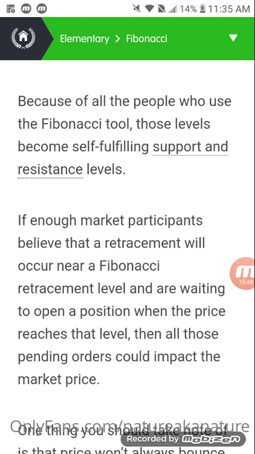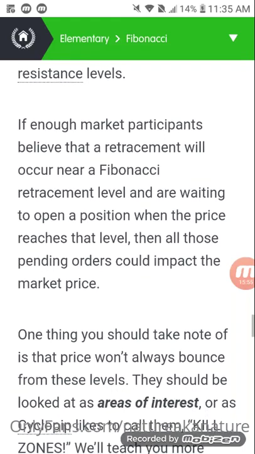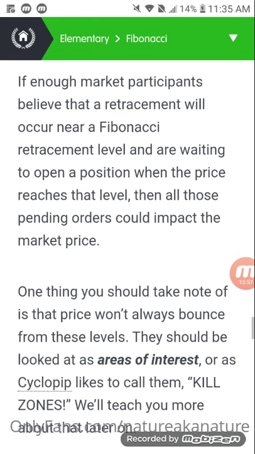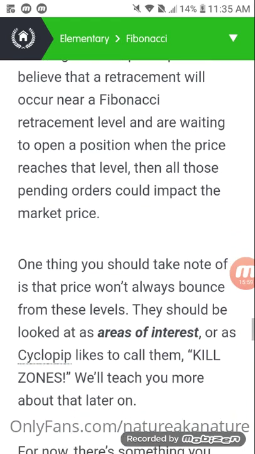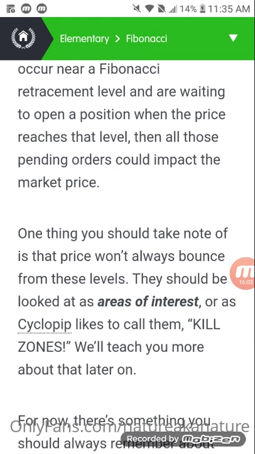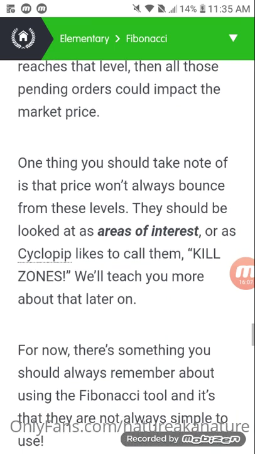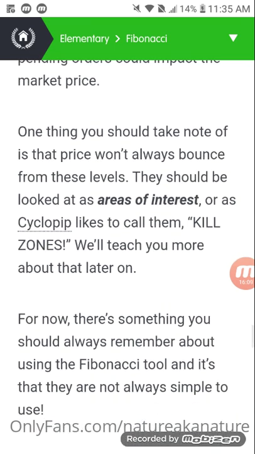This could impact the market price completely, okay, because everybody's doing it. So one thing you should take note of is that price won't always bounce from those levels. They should be looked at as areas of interest or kill zones, like the Cyclops kill zones, but we'll teach you more about that later, okay?